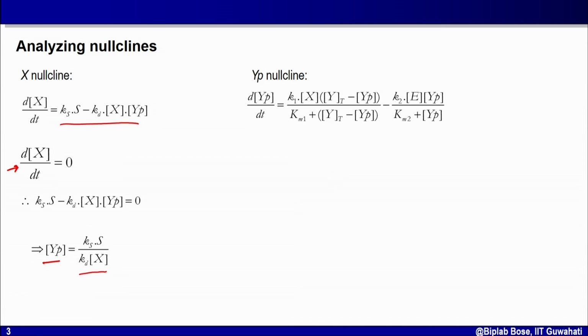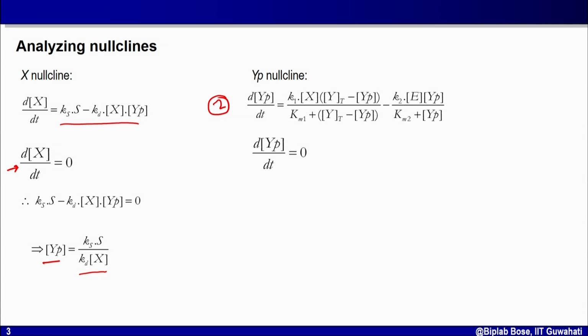Let us now look into the yp nullcline. To get it, start with the second ODE representing yp, dyp/dt. I will consider dyp/dt equal to 0 because I want to calculate the yp nullcline.